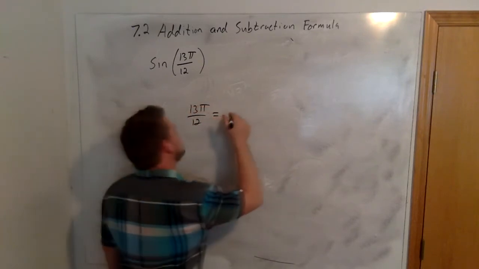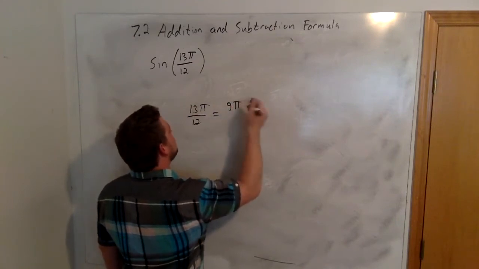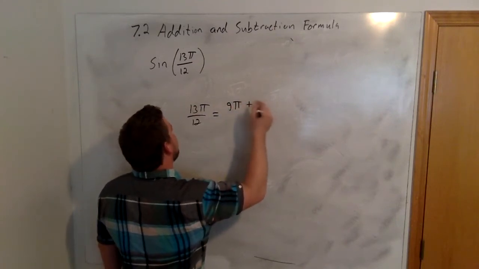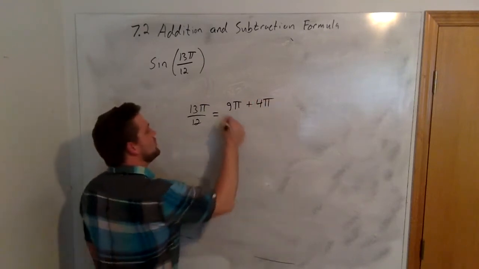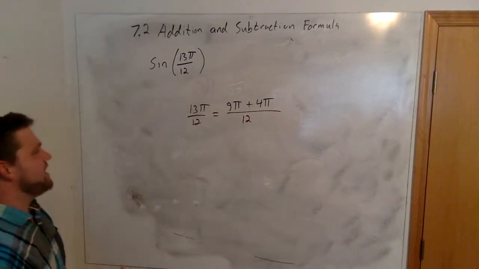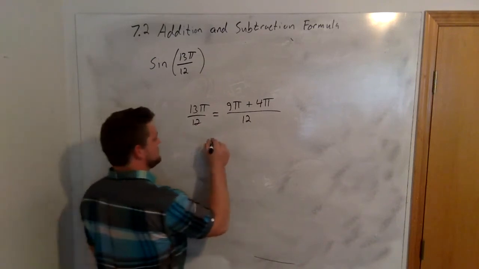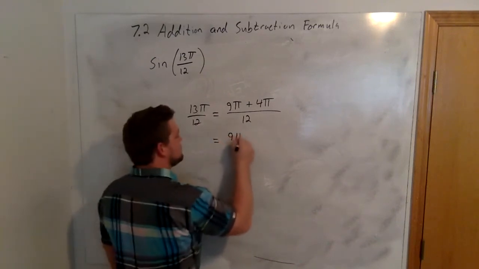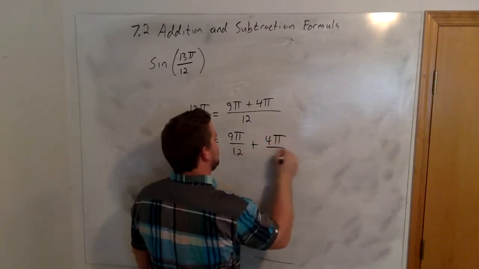This could be the same thing as 9 pi plus 4 pi, I think that would work, over 12. You could also break this up as 10 pi plus 3 pi, I think that would work also. Let's stick with the first one I've written down. So this will be 9 pi over 12 plus 4 pi over 12.